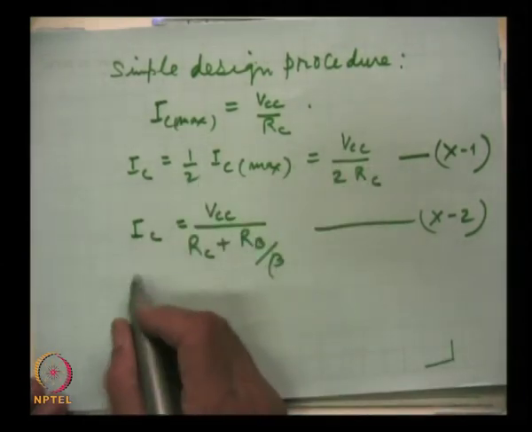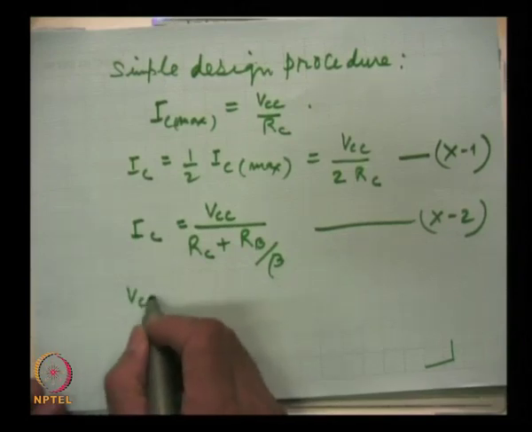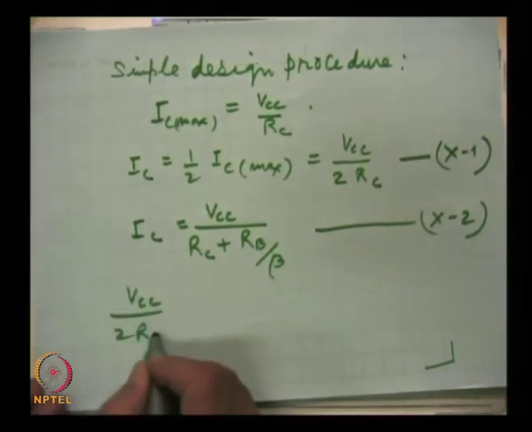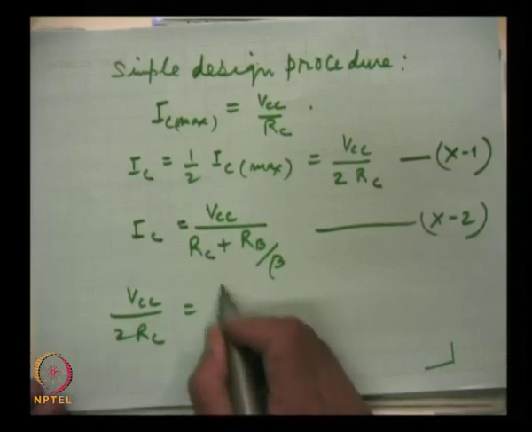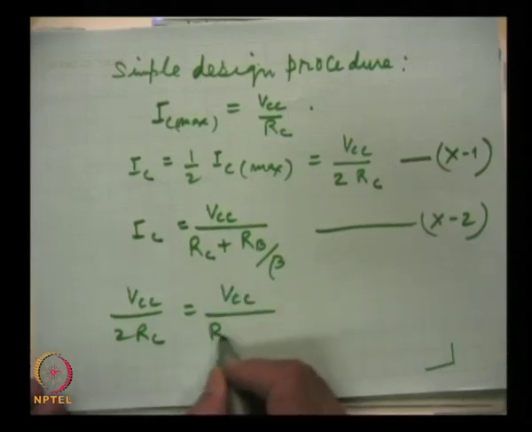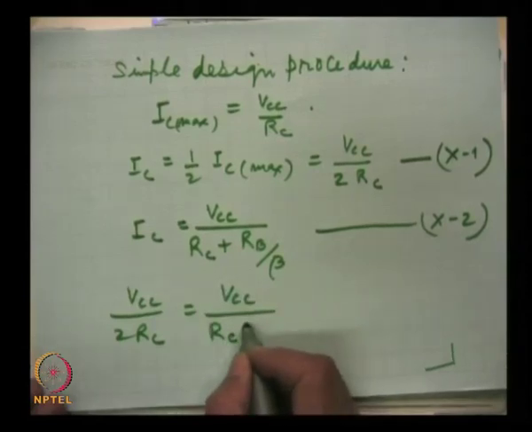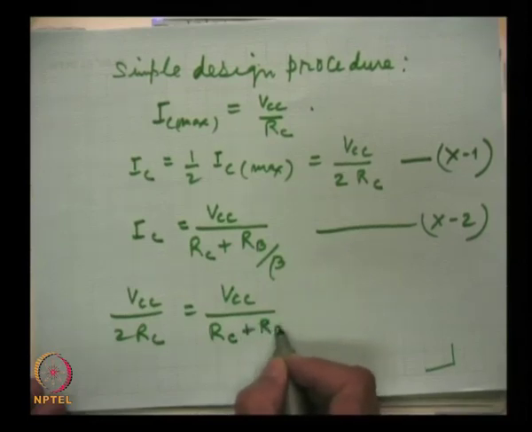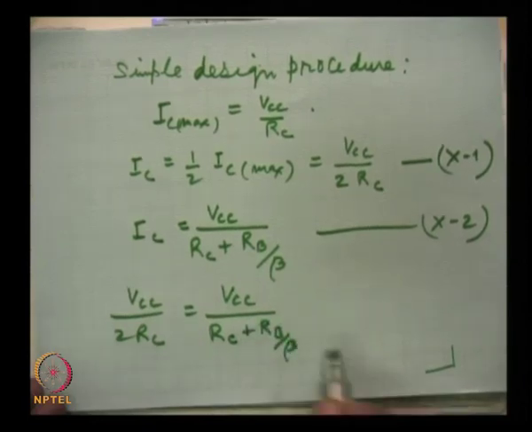So this will be Vcc by 2 RC equal to Vcc by RC plus Rb by beta.